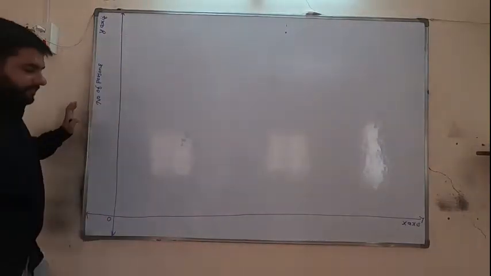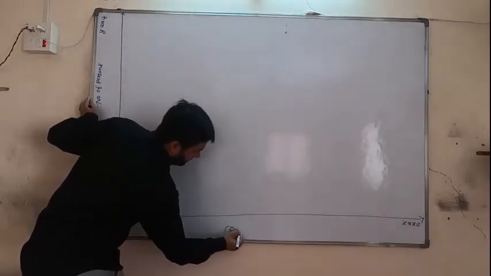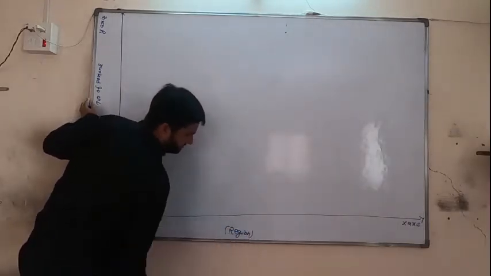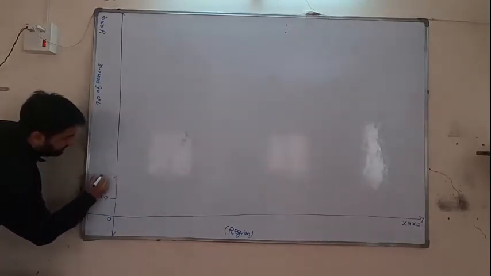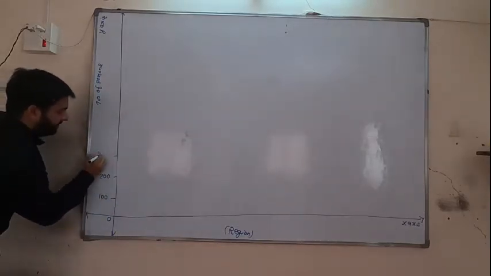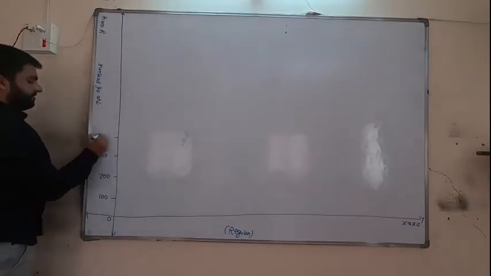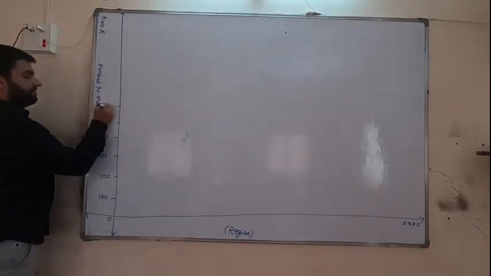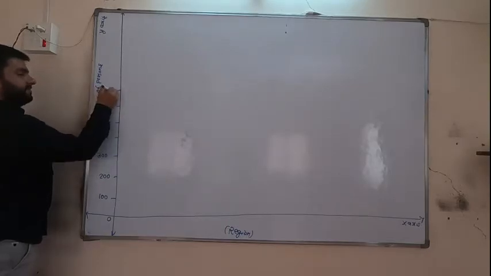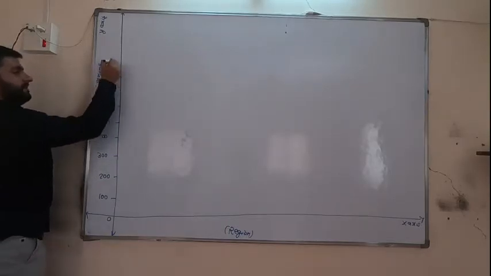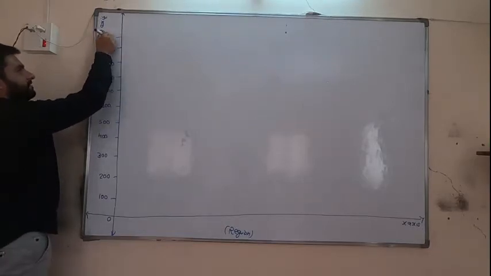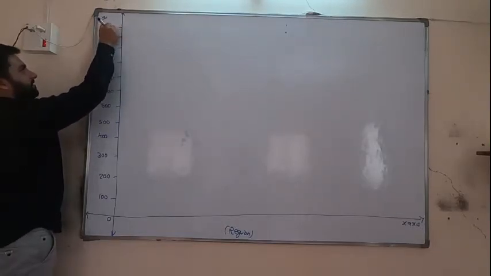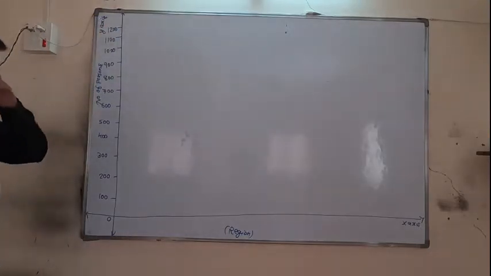Here it is 0. We are showing both regions here. Again 100, 200, 300, 400, 500, 600, 700, 800, 900, 1000, 1100, 1200.